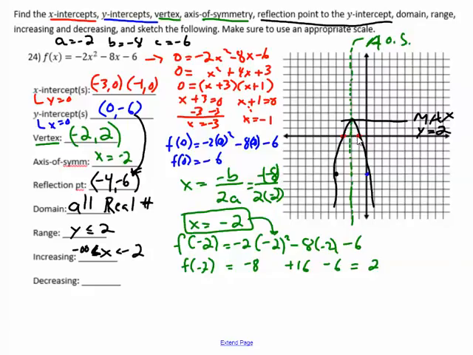It's decreasing all the way over here. So x greater than -2 would be where the parabola is decreasing. And there's a graph from a general form of a parabola.